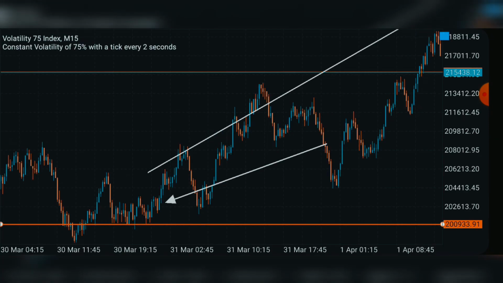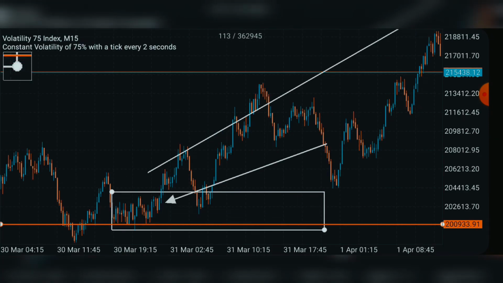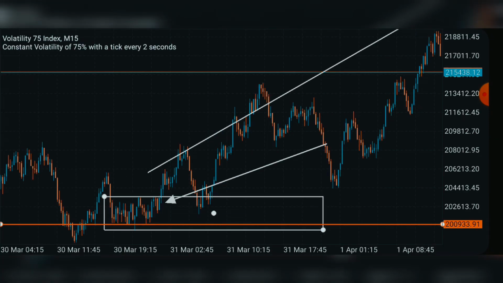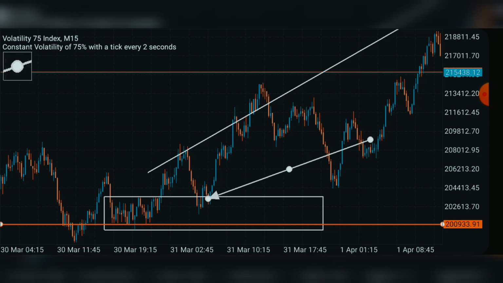I could just mark it out so you guys can see exactly what I'm talking about right here. And then price came back and it tapped right in. So this is the essence of a demand zone, right? As we explained before, there's high demand, which means there's high buying pressure in the market basically. So price came back here, it didn't break the previous zone, which showed that there's willingness for price to go further.